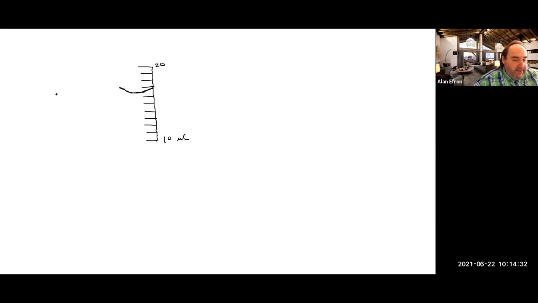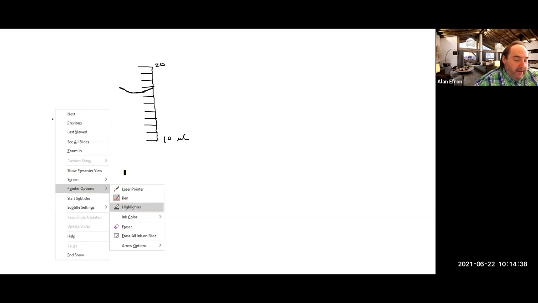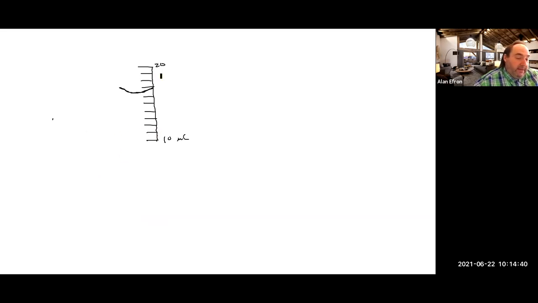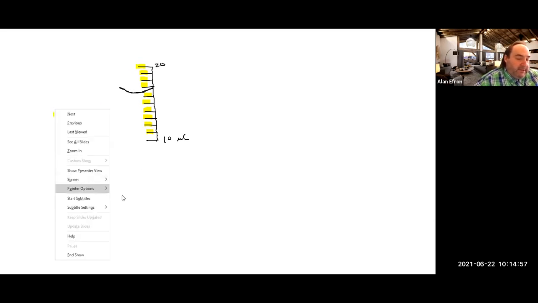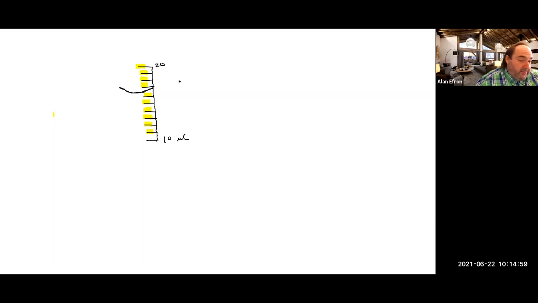So when we look at this, we again want to look at the scale, and we want to count how many lines we have between the two big numbers, 10 and 20. So this is 1, 2, 3, 4, 5, 6, 7, 8, 9, and 10. So here we have 10 markings between 10 and 20.